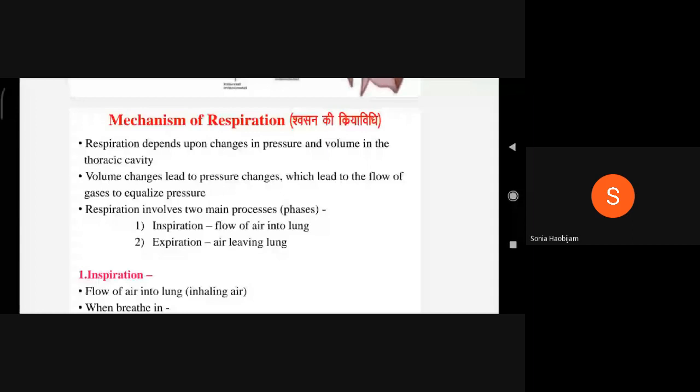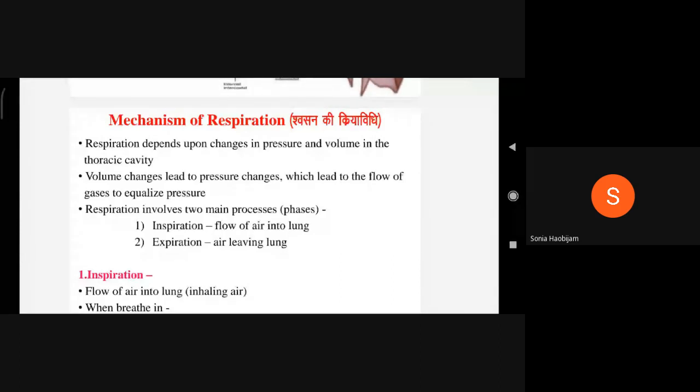Obviously, if partial pressure develops between the blood vessels and alveoli, then only gaseous exchange will take place. So, respiration will always depend upon changes in pressure and volume in the thoracic cavity.